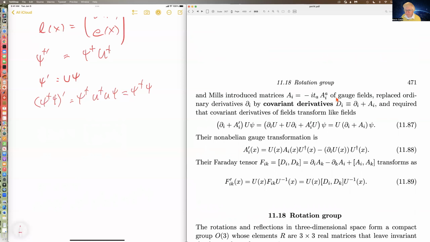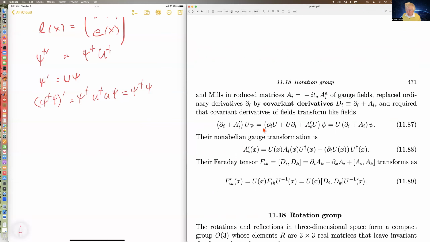Anyway, what Yang and Mills did was they said, we're going to replace this derivative with the derivative plus a connection. We're going to call that the covariant derivative. I don't know who introduced the term covariant, but it's an appropriate term because it's like the covariant derivatives in general relativity.